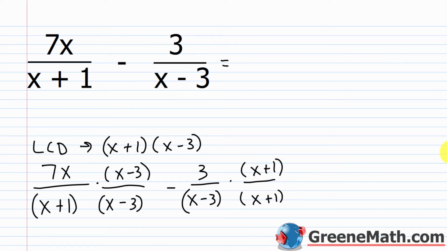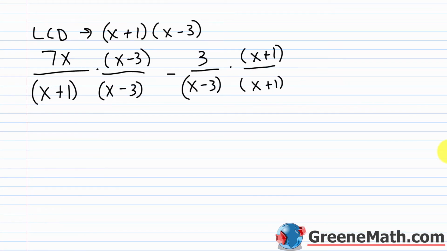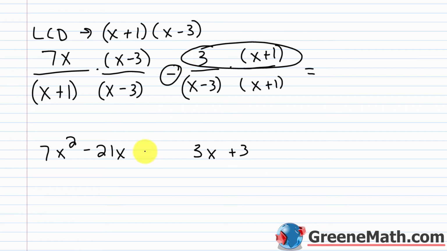So now if we crank this out, what I'm going to get is 7x times x is 7x squared. 7x times negative 3 is minus 21x. And then I'm subtracting away this right here. So 3 times x is 3x. 3 times 1 is 3, so plus 3. Now again, I'm subtracting all of this away. So I'm going to put minus, and I'm going to put parentheses around this.